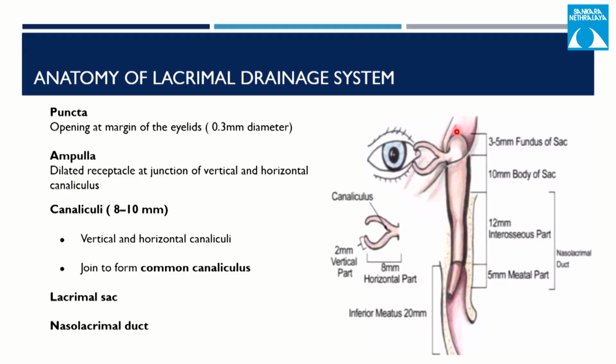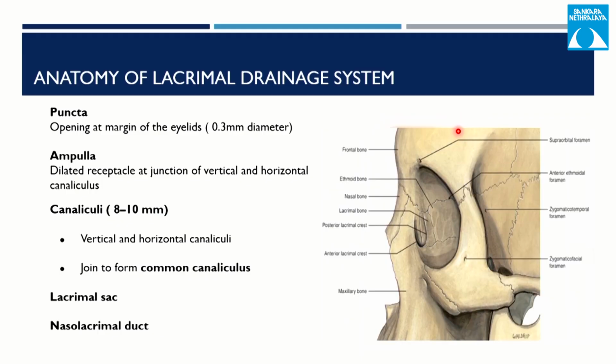Okay. Can you please go back to the previous anatomy slide? So now this is the medial wall of the orbit. Am I correct? So this is the frontal process of the maxilla, the maxilla which is going towards the frontal bone. Then the lacrimal bone. What is this bone? Ethmoid. So if you open here, what will you see inside?